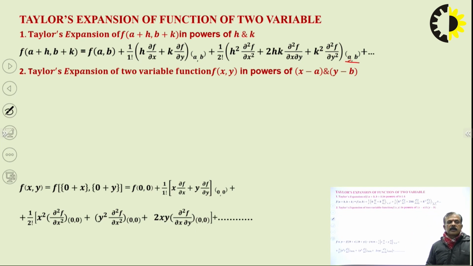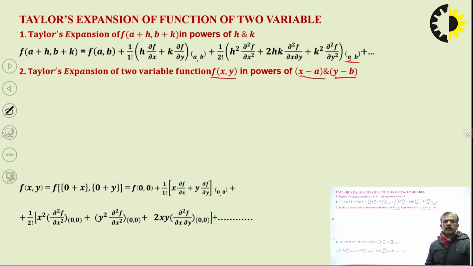So, this is the required formula for the expansion of f of a plus h comma b plus k in powers of h and k. Now, we will discuss the Taylor expansion of a two variable function in powers of x minus a and y minus b. But we have f of x y.